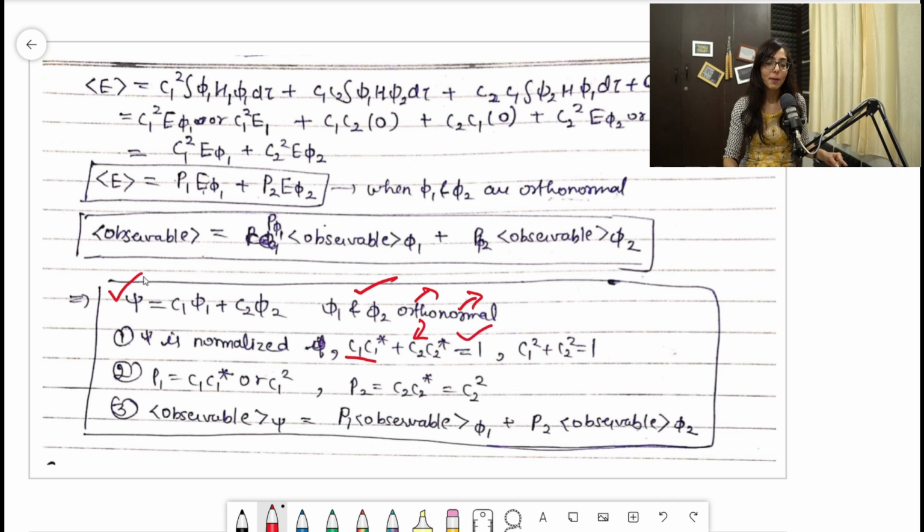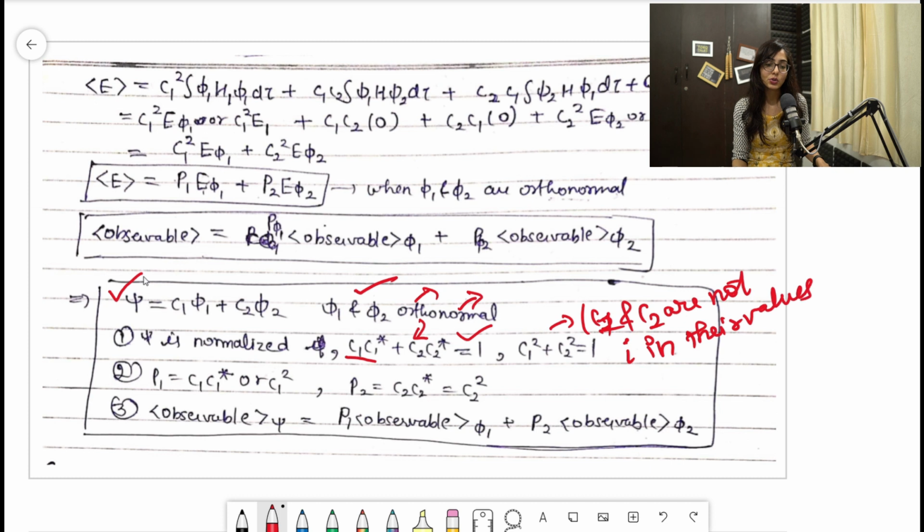That we read. Suppose C1 and C2 are not having i in their values, then you will write C1 square plus C2 square is equal to 1. And the probability of finding the particle in one state, that is C1 into C1 star, or C1 square if there is no i.